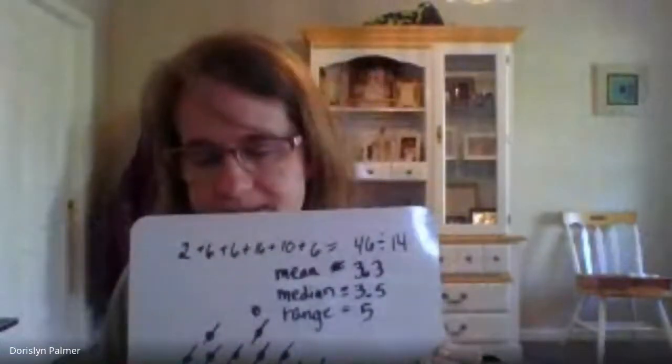So we found the mean, the median, and the range. And then it says, what is the typical number of runs your team scores, and justify your answer. All right. So if my mean is 3.3 and my median is 3.5, what do you think the typical number of runs is? Matthew Bellino, typical number of runs.